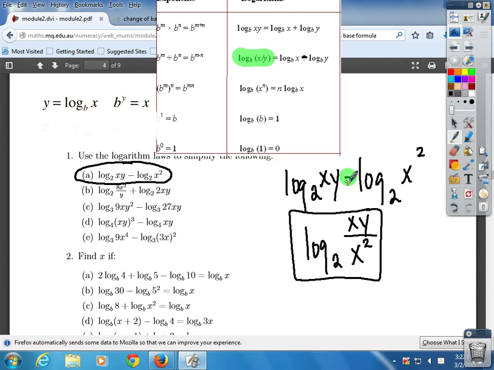So I think what they're wanting you to do is just notice this and put it right there. There's another way you could rewrite it, and that's to bring the 2 out, but again, you would be re-expanding it, and I don't think they want you to do that. So that's how you would do that.